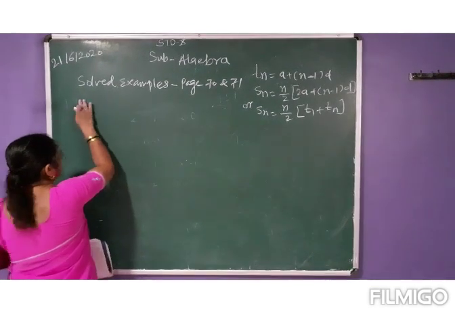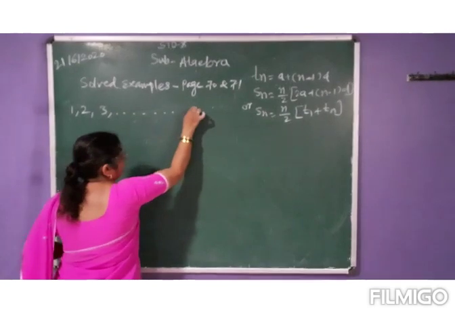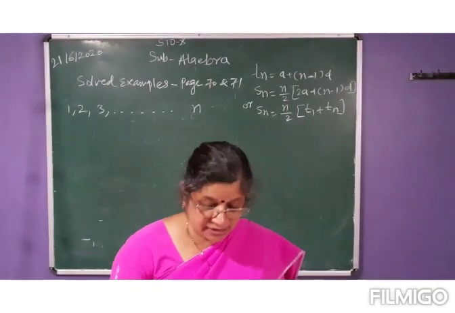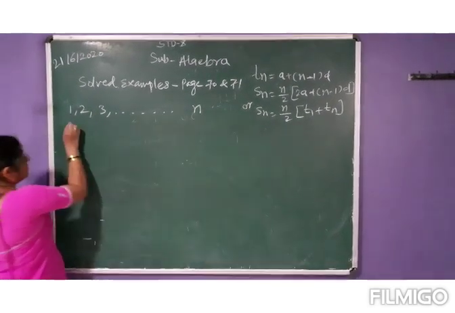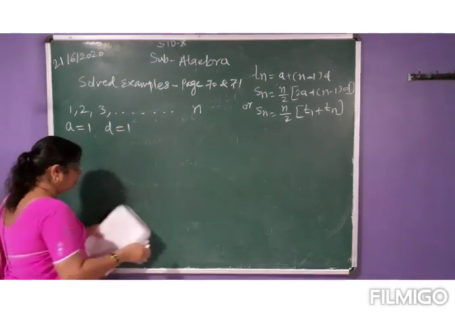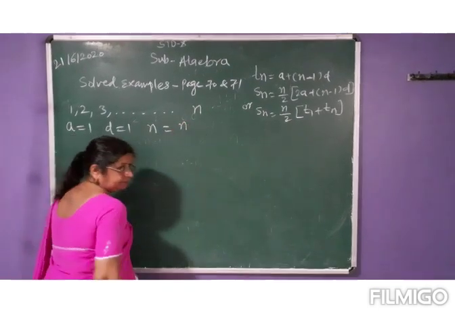So what I will write, my AP will be 1, 2, 3, 4, and my last number will be n, because n terms are there and I want to find the sum of n terms, right? So a is 1, d is also 1, and our nth term is also n. Correct?